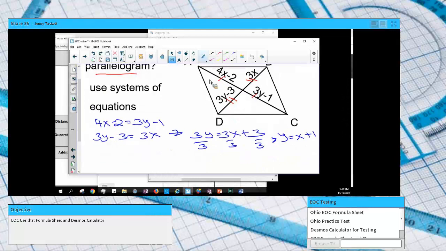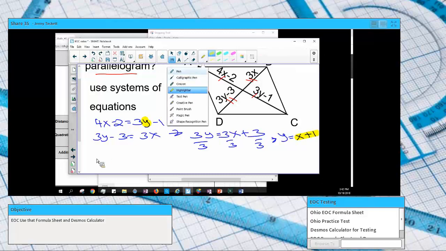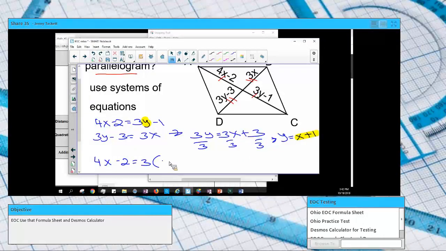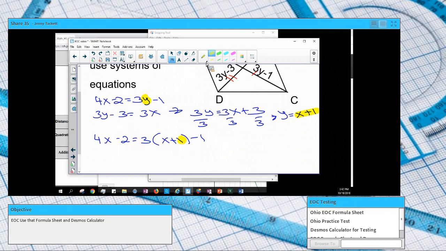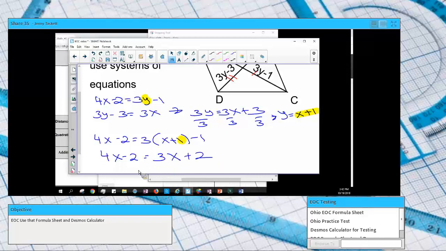Now I can come back to my original formula, and wherever I see a y, I'm going to plug that in. So 4x minus 2 equals 3x plus 1 minus 1. And then I can solve. 4x minus 2 equals 3x, so x equals 4 through the subtraction property by subtracting 3x from both sides and the addition property adding 2 to each side. To find y, it equals x plus 1.